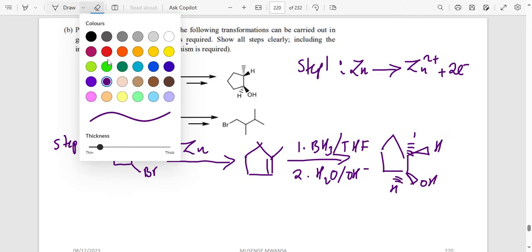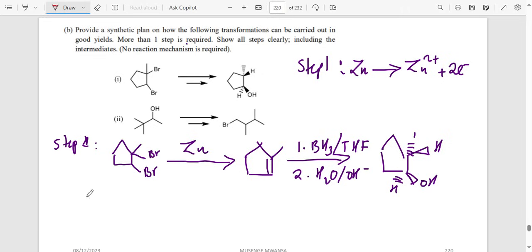Okay, let's see how it's going to be carried out. First thing first, as we said, that is step one. You can see which I've written on top there, right? Step one. And then in step two, we are going to have this compound Br, and then it has got a methyl, and then we have got a Br.